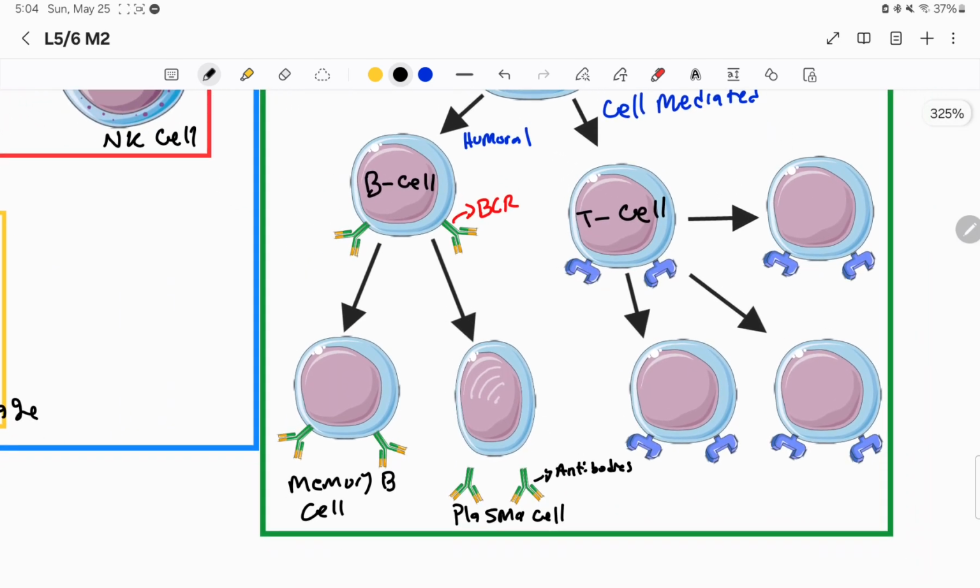T cells also have something called a T cell receptor. But unlike these B cell receptors, which can readily bind an antigen, these T cell receptors cannot readily bind the antigen. So you can think of them as blind. They can't actually see the antigen, even though it's floating right in front of them. They need somebody to show it to them, okay?